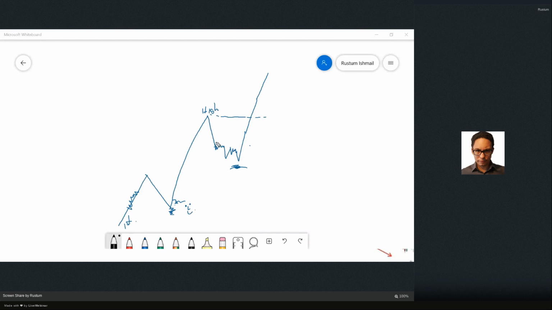He doesn't give a damn if this thing comes down here. He doesn't care. Nobody's taking me out. I don't care what happens here. The chances of that happening is higher.